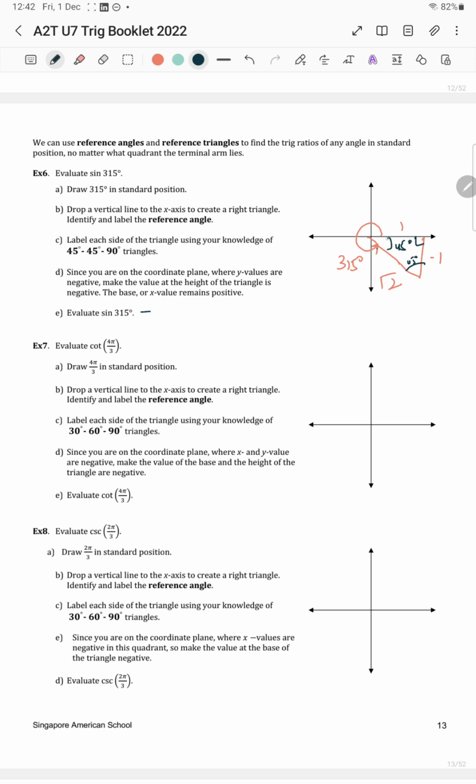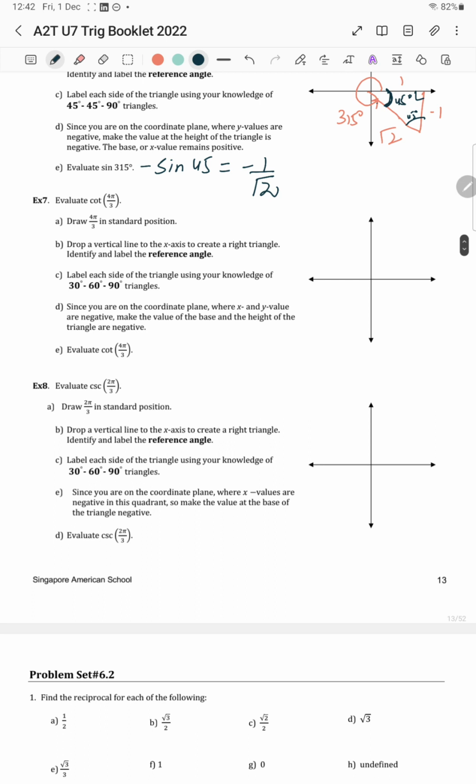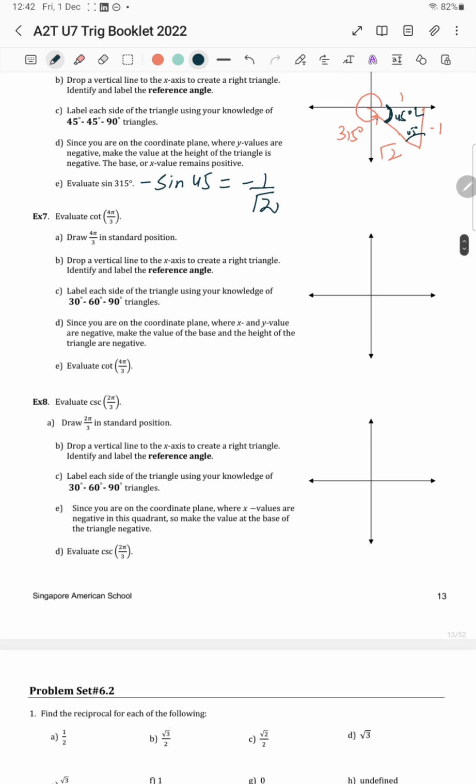Sine 315 will be equal to negative sine 45, and we know that sine 45 is equal to 1 over square root 2. Then cot 4 pi by 3.